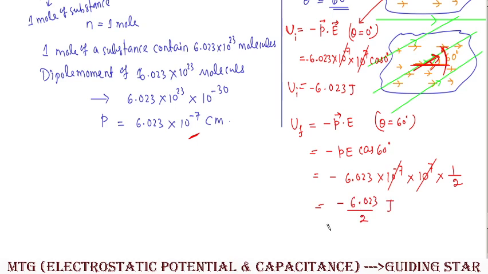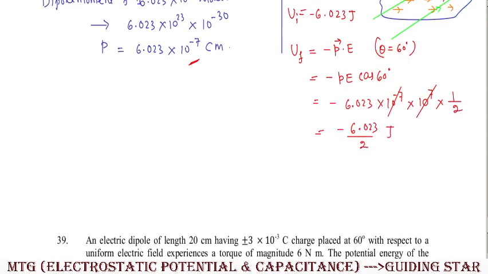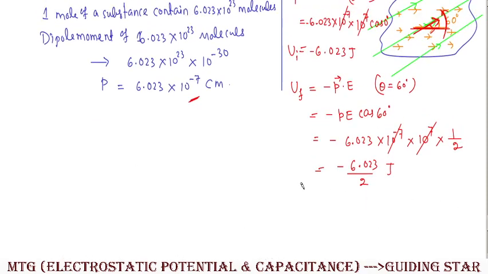Clear? So finally over here, what is the change in potential energy of the system? So change in potential energy of the system, so delta U is equal to how much? Change in potential energy, that means, or you can say, here in this particular case, what is the work done?